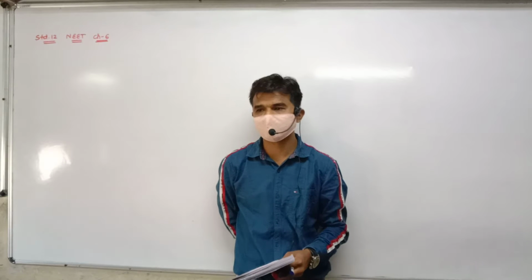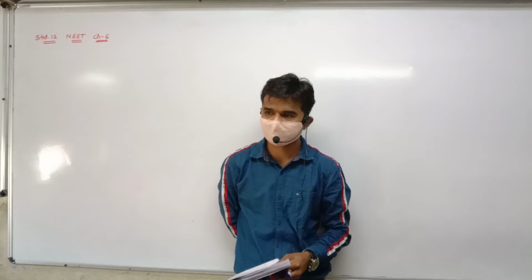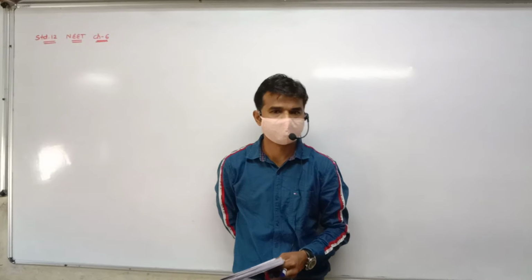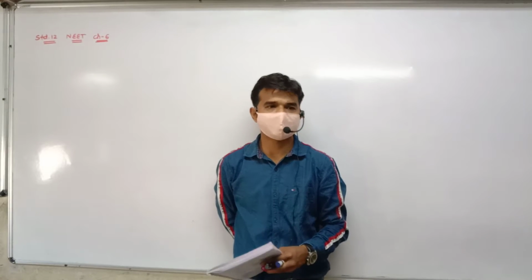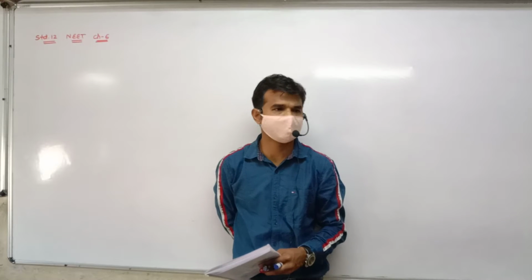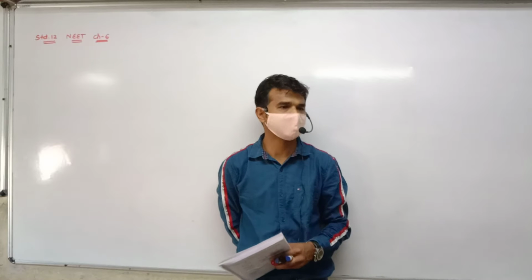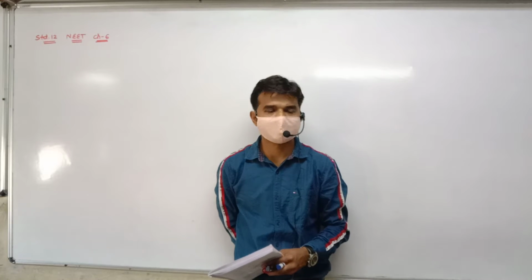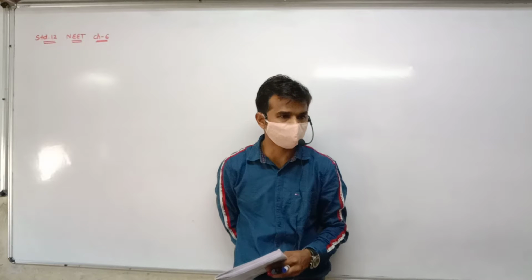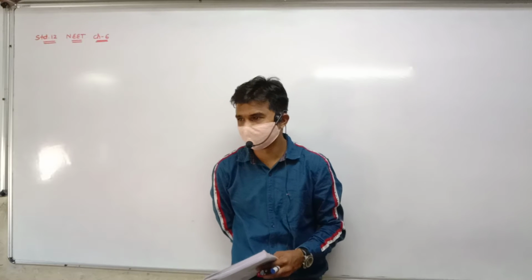In the Hershey and Chase experiment, T2 bacteriophage was used. The T2 bacteriophage was made radioactive by S35 and P32, two times.